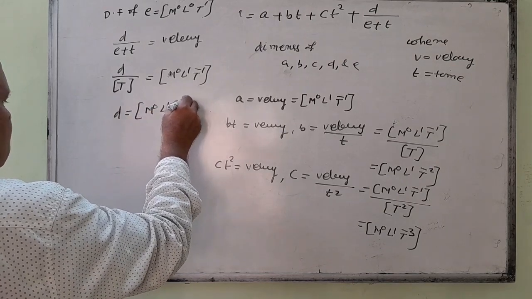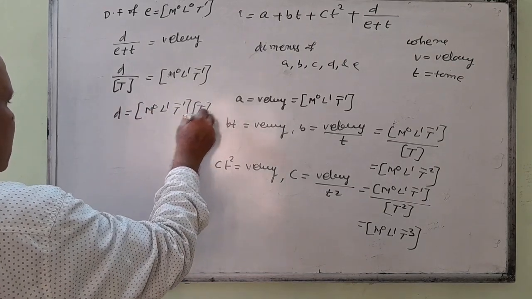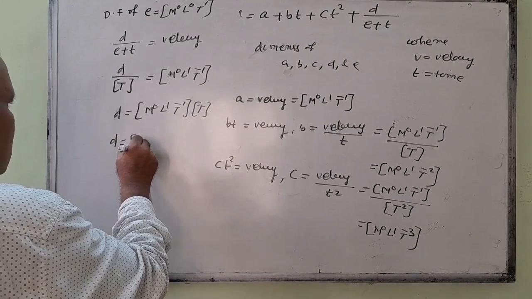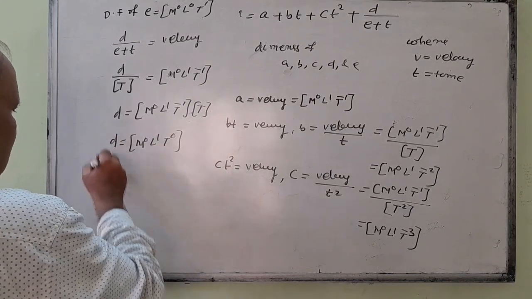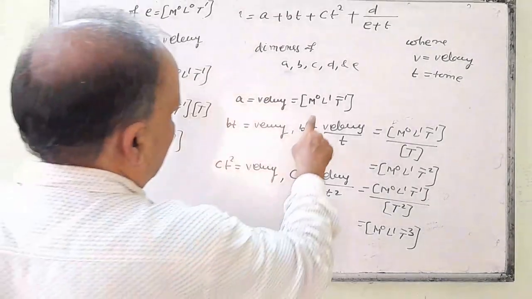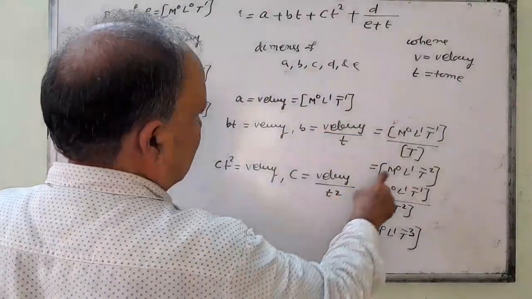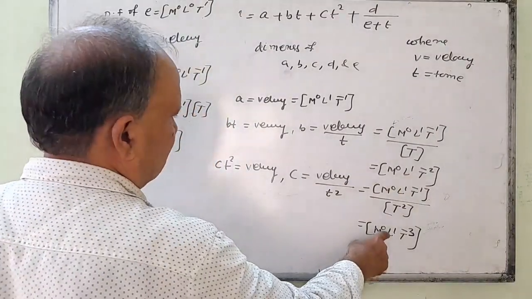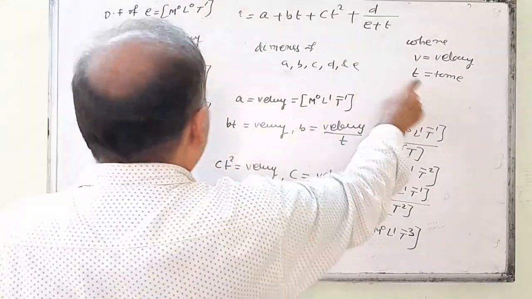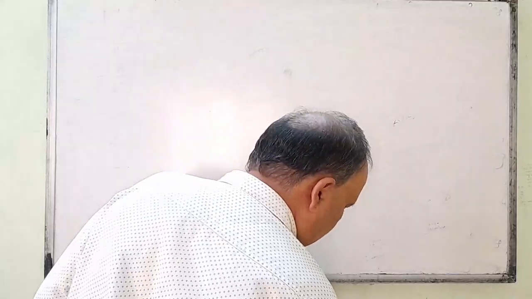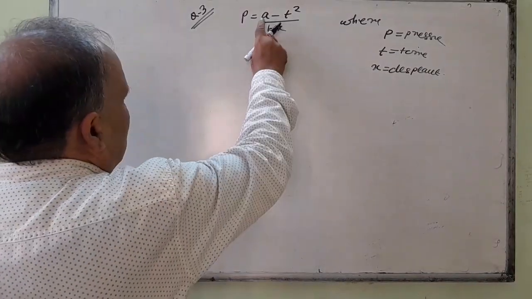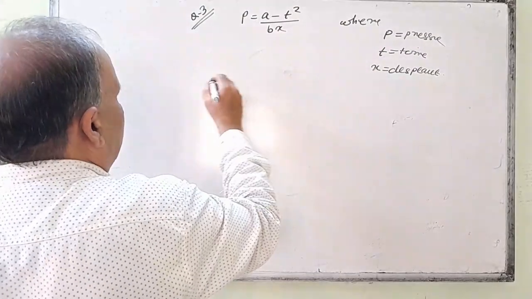M0 L1 T to the power minus 1 into T, or D is equal to M0 L1 T0. So D is a length. So this is the dimensional formula of A, this is B, this is C, this is E, and this is D. Another problem, P is equal to A minus T square by Bx.